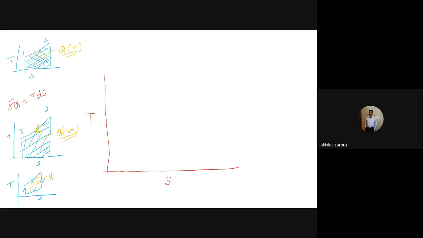Now once again, what I am going to consider here is the same compression ratio for three cycles. The three cycles are Otto, diesel, and dual. First of all, let me draw the Otto cycle. As you know, the compression ratio is given by V1 by V2.